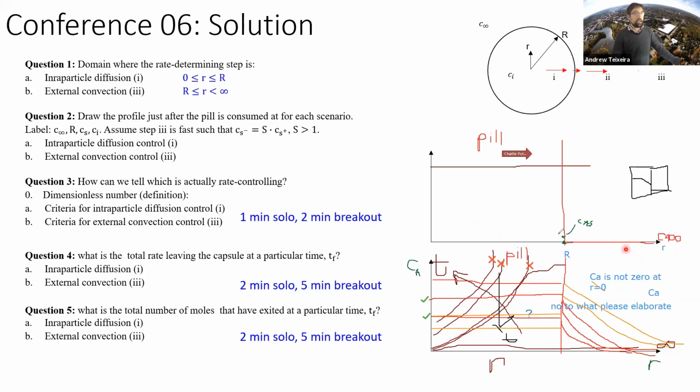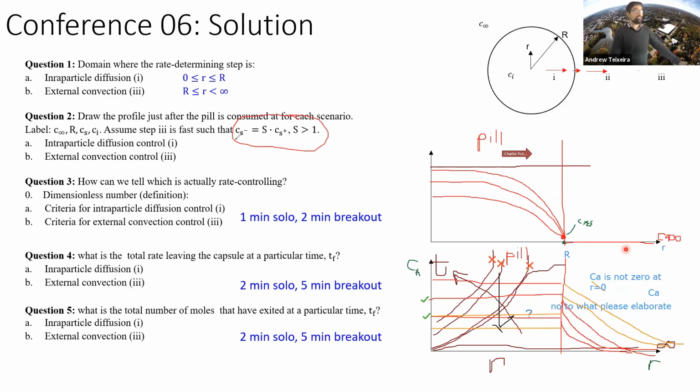So the CAS is a constant value. Let's say as time goes on, you end up with something like this, and it always goes to that constant CAS value. And that CAS value is in equilibrium in accordance with this relationship right here.